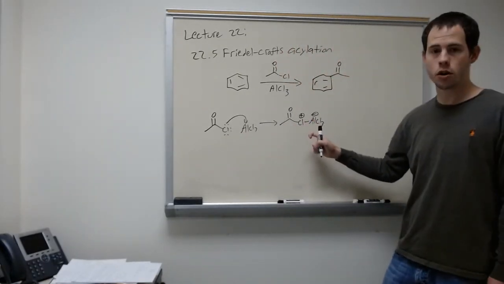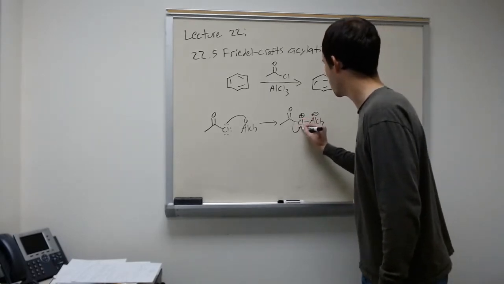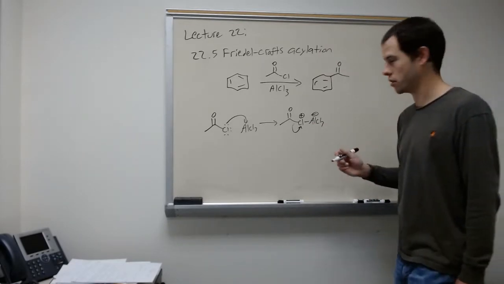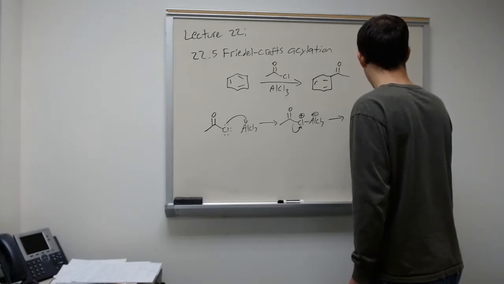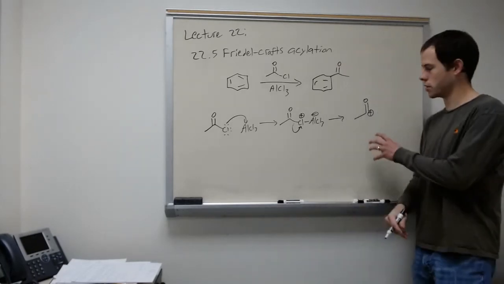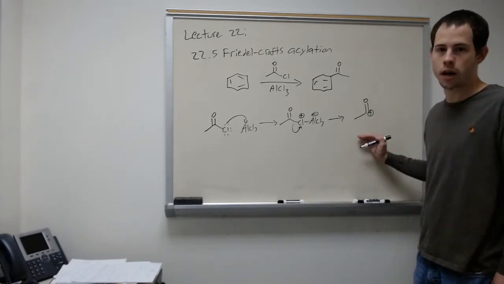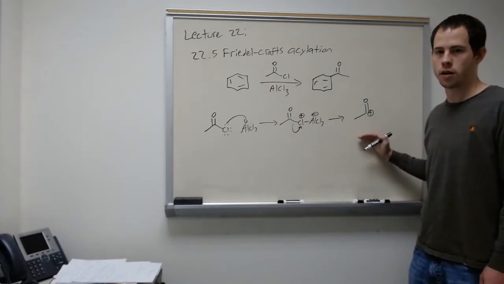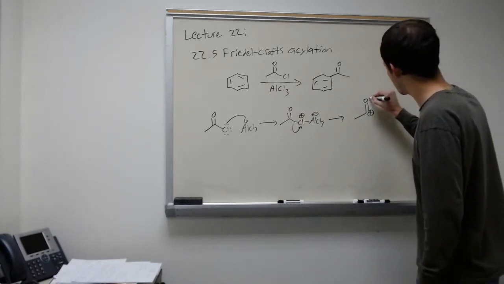It gets a positive charge, aluminum gets a negative charge, and now this chlorine just pops off in a heterolysis step, just like we saw in the alkylation. And so then we get this positively charged carbon here, and so this acts as our electrophile. Remember, benzene's not that reactive, and so we need to make our electrophile much more reactive. This is formed because of the resonance stabilization.